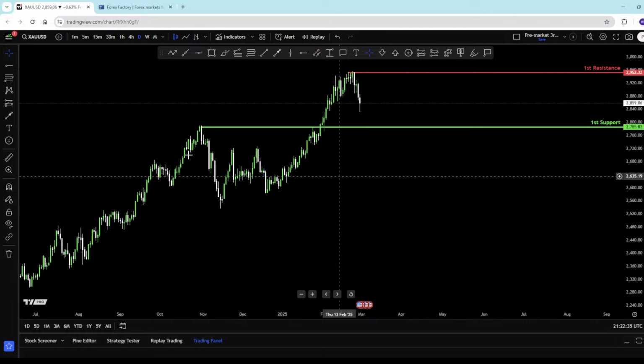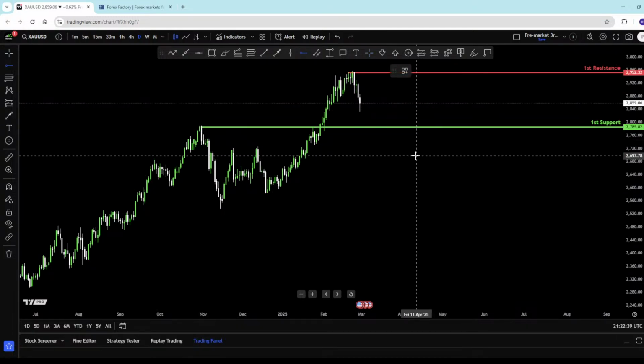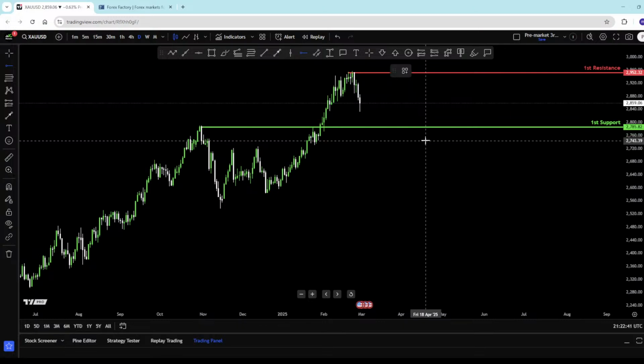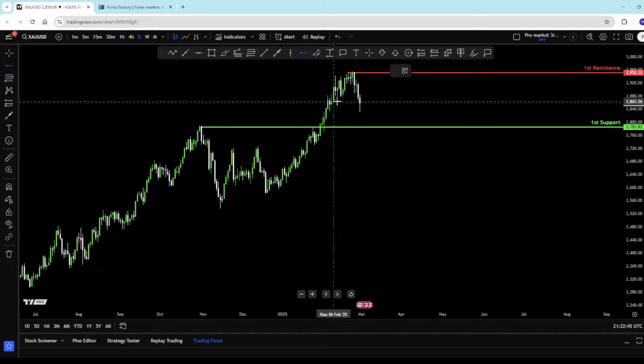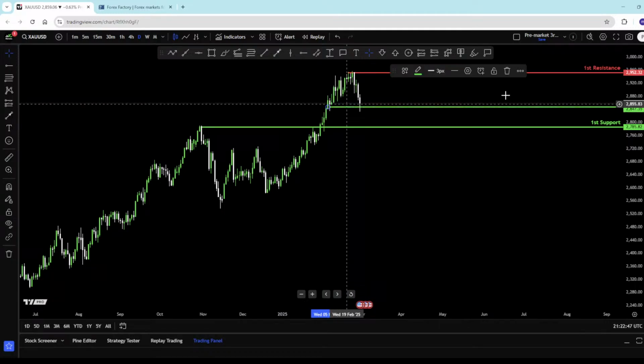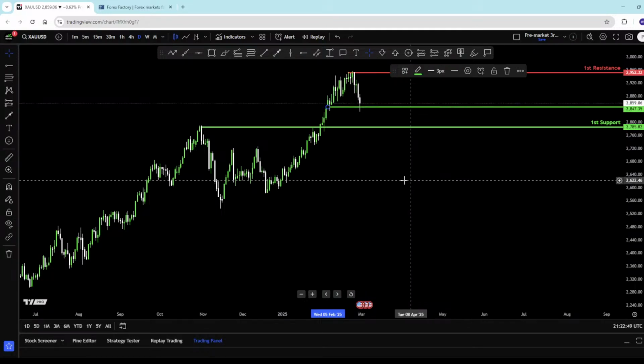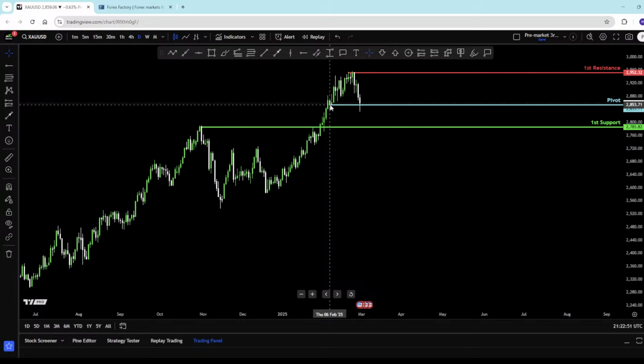This will be my first support. And I guess as a pivot, I'll just place it at where price is currently at.